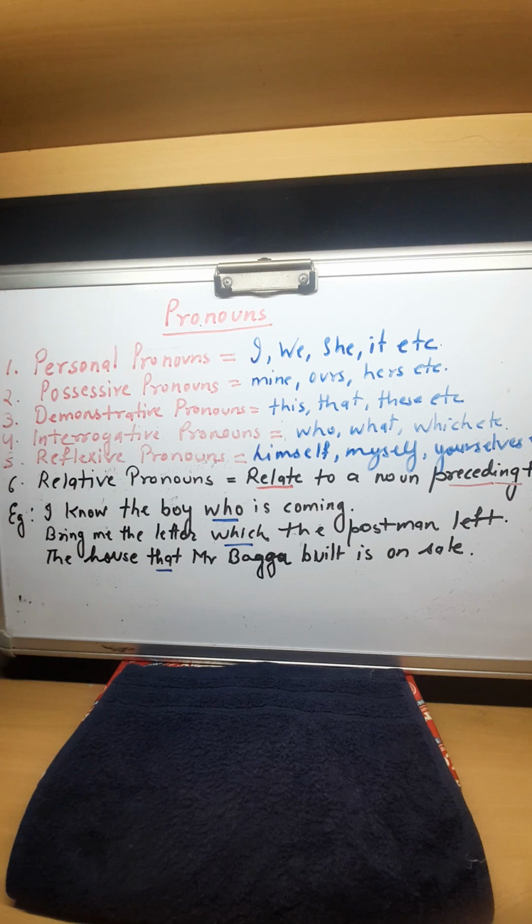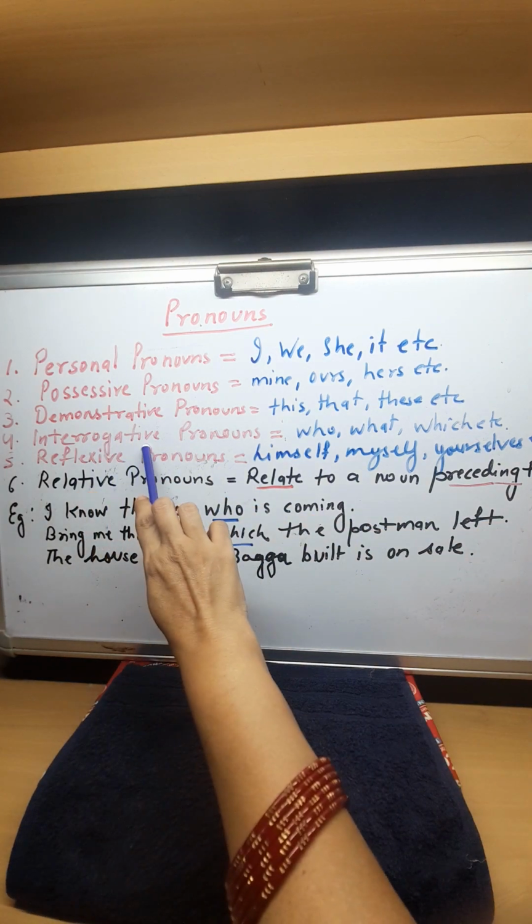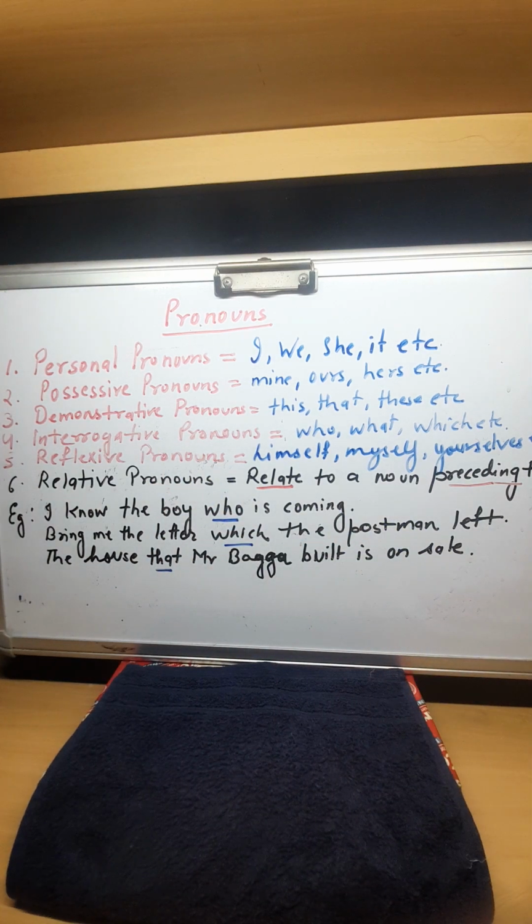Possessive is the belongingness, possession. Demonstrative is demonstrating, showing where it is. And one type of pronoun is interrogative pronouns, very simple. Who, what, which, these all are interrogative, asking questions.